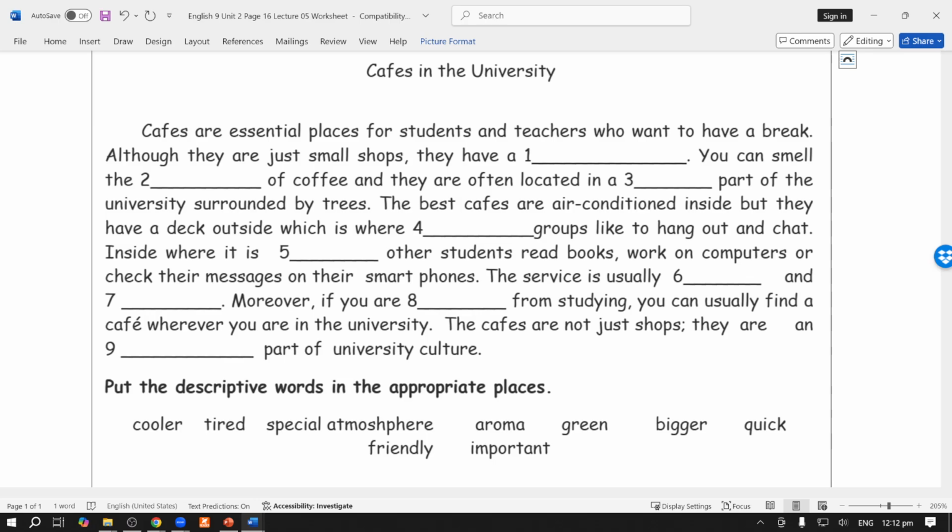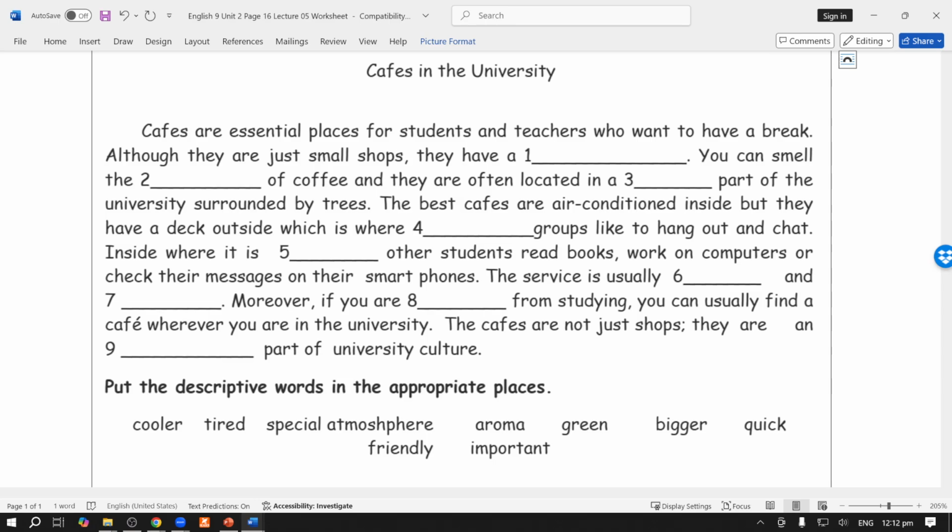Descriptive words are actually adjective-based words, which are used to describe something, like colored, tired, special, atmosphere, aroma, green. So they all are actually adjectives.